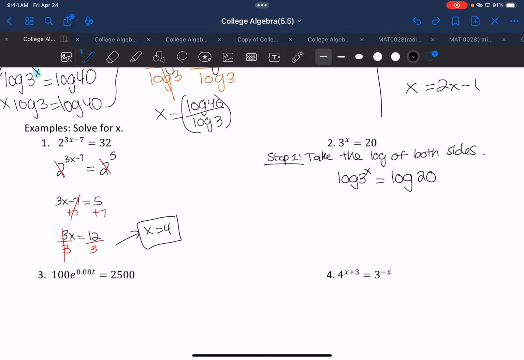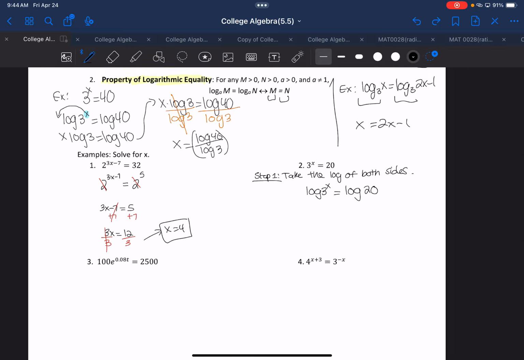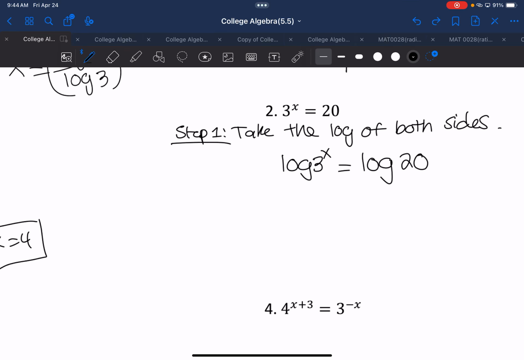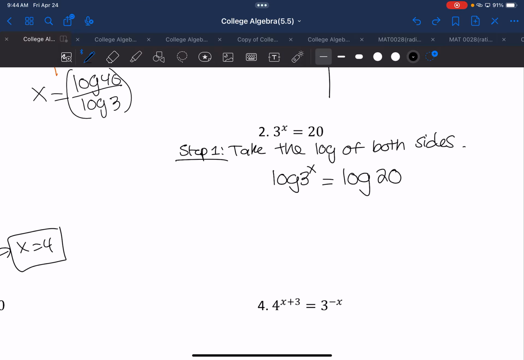So this one's very similar to that other example I did up here. I just changed 20 to 40. So after you take the log of both sides, you will use the power rule.